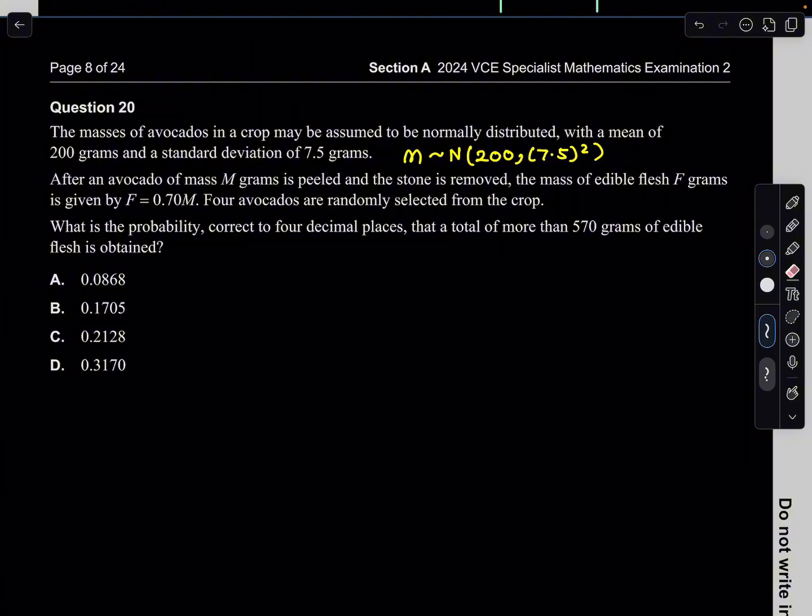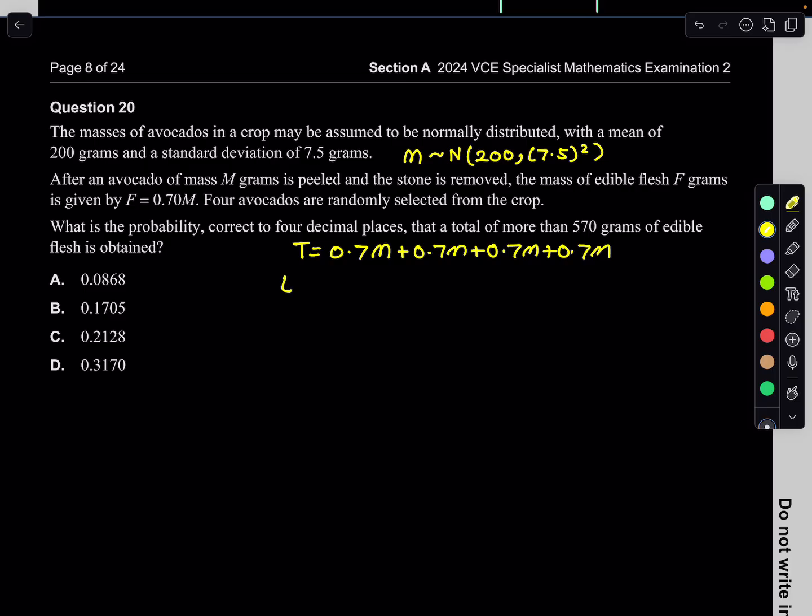We want the total of edible flesh, and we have 4 of them. We took 4 of them, so basically F plus F plus F plus F. And we know F is just 0.7 M. So it's 0.7 M plus, and there are 4 of them. Of course, we need to find the expected value and the standard deviation.